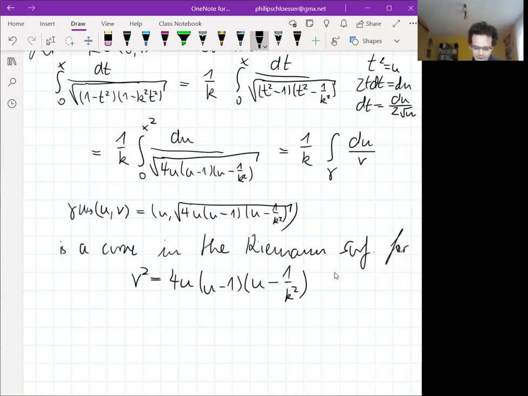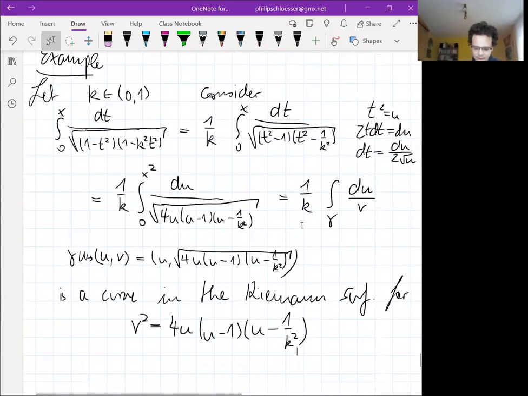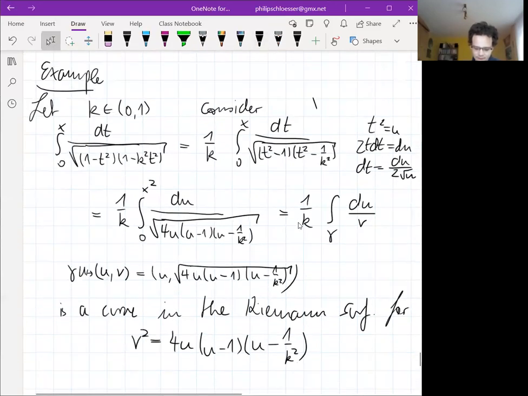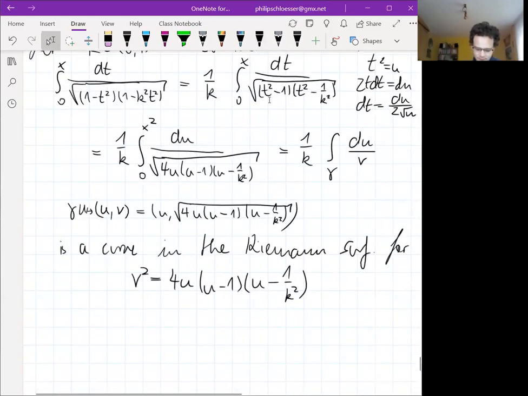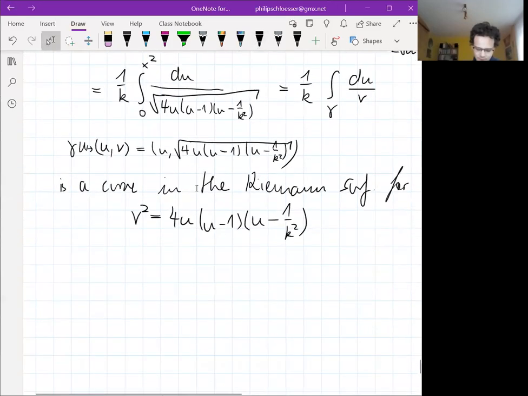Also note that since we were using real numbers, and I guess we have to take x less than 1 over k squared, no, x is also less than 1, everything is well defined, and we don't have to really make any choices, because the whole expression under the root is positive.